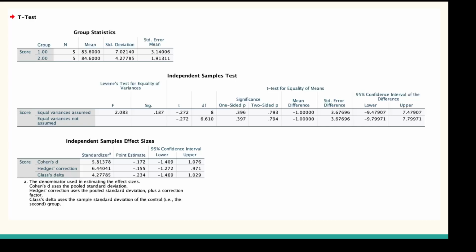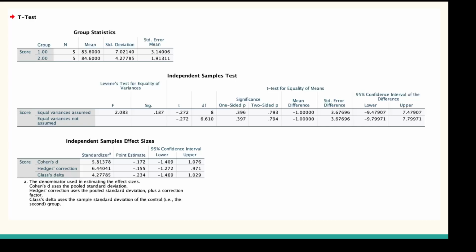For the t-test results, the t-test showed no statistically significant difference between the means of the two groups, as indicated by the p-values. For the mean difference and confidence interval, the mean difference is small, and the confidence interval includes 0, suggesting no significant difference between the groups.